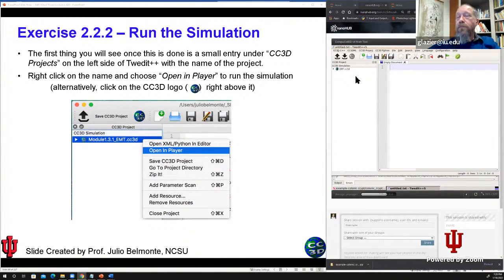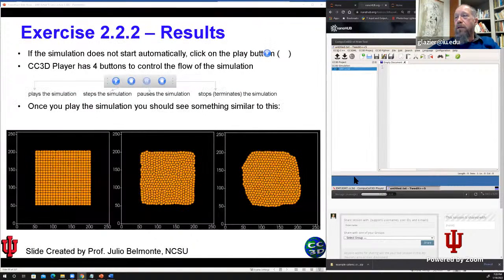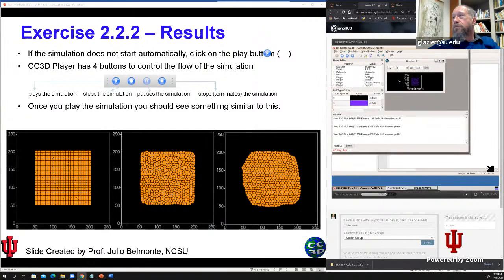Okay, so we now have our simulation here. We go right click, open in player. And in nanoHUB, we'll have to select the window here and resize it.